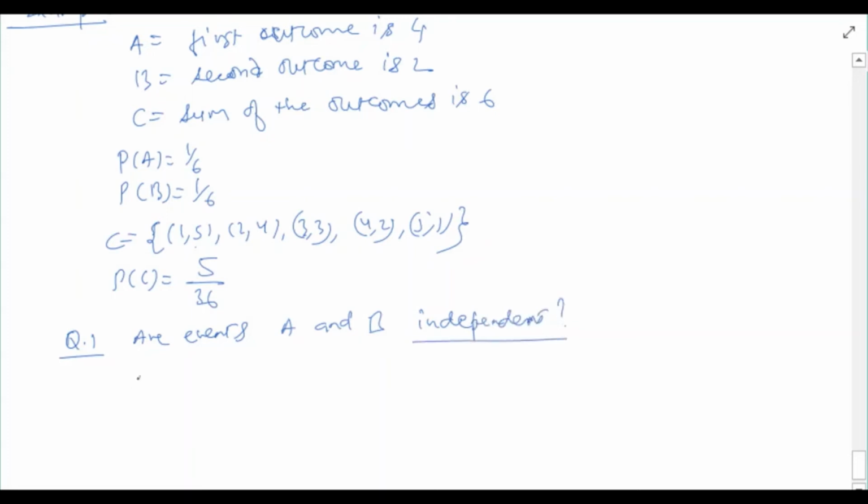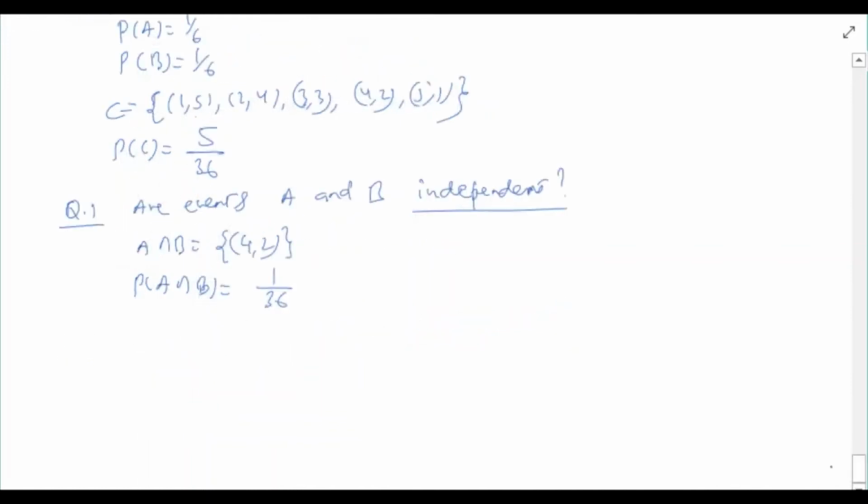To answer this question, let us observe A intersection B. A intersection B is the event in which the first outcome is 4 and the second one is 2. Probability of A intersection B is 1 by 36. Only one of the 36 possible outcomes is favorable.